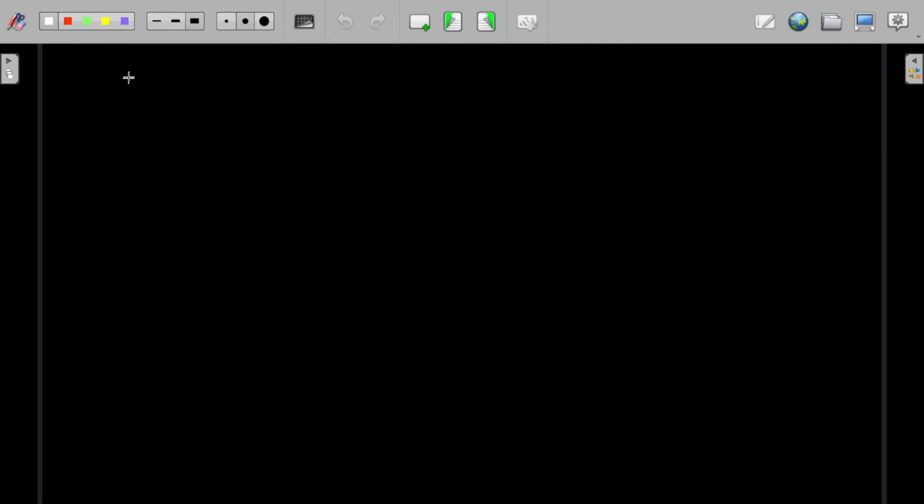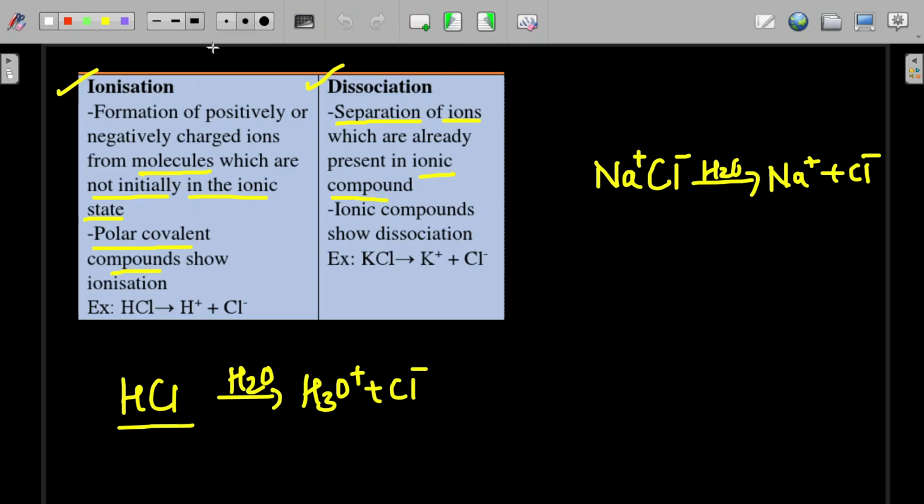Now we will go to the examples of electrolysis. But before that, I explained ionization and dissociation. Ionization: if a polar covalent compound dissolves in water, that process will be ionization, because polar covalent compounds are not in an ionic state initially. What does it mean by initially in ionic state?